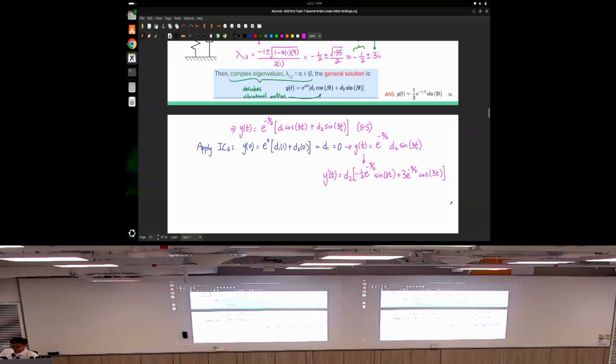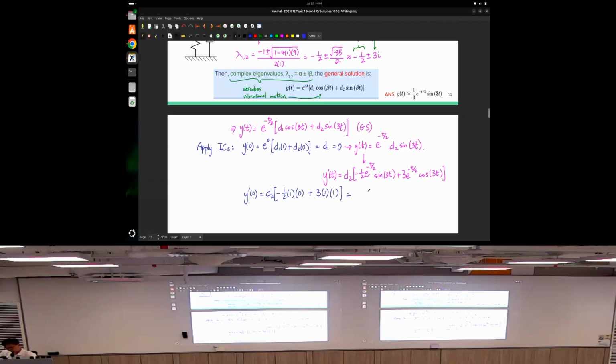Okay. So now you apply the initial velocity, y'(0). As you can see, you have your e to the minus t over 2. So therefore, you're going to get d2 times minus half times 1, because e to the 0 is 1. Then sine 0 is 0, plus 3 times 1 times cosine 0, which is 1.